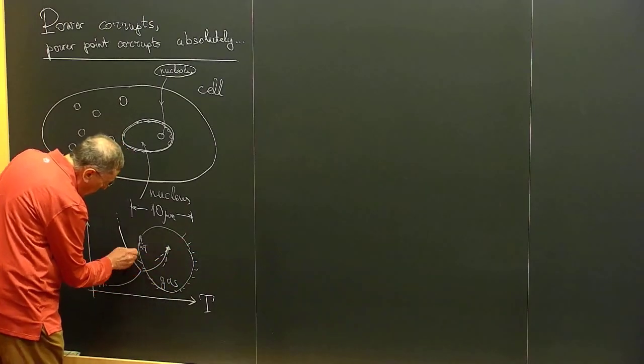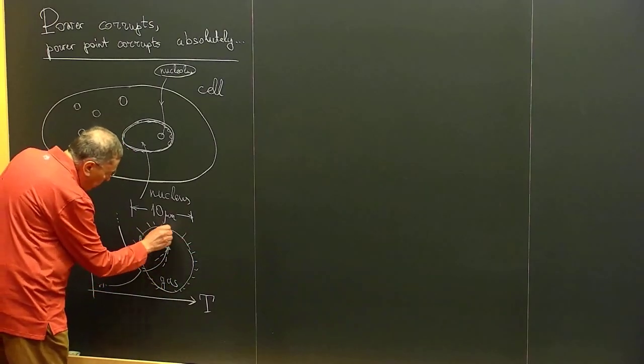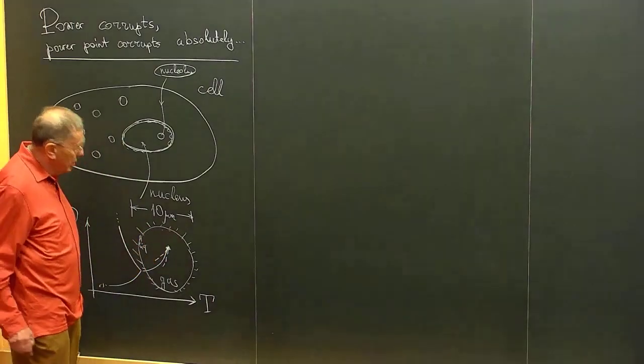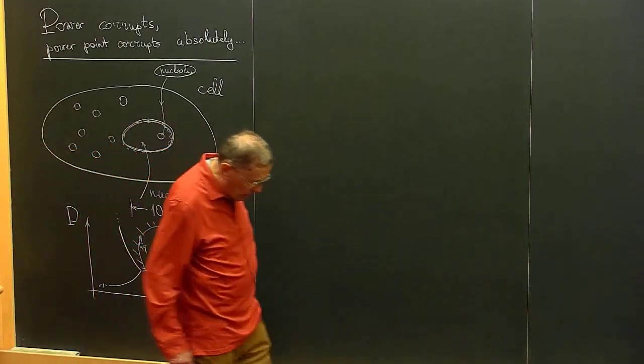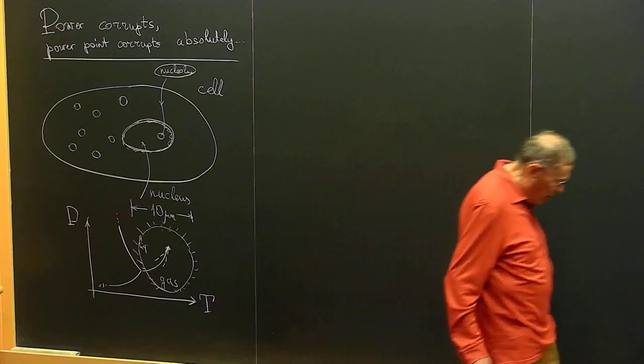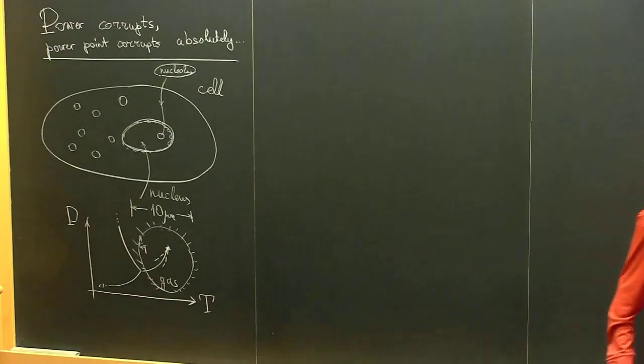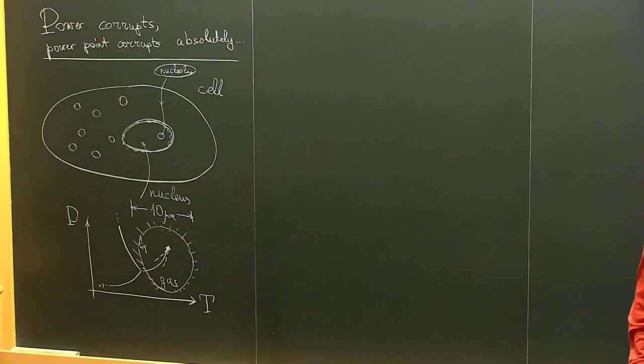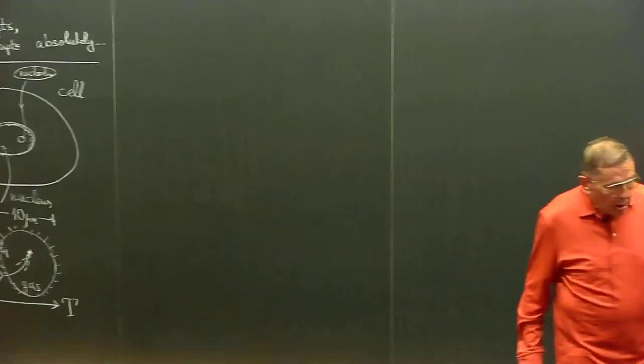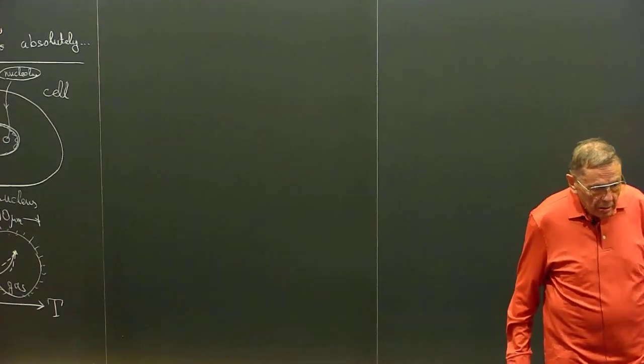Now, another thing that everybody knows about the critical point is that around the critical point there are very strong fluctuations, and therefore the material is very opaque.